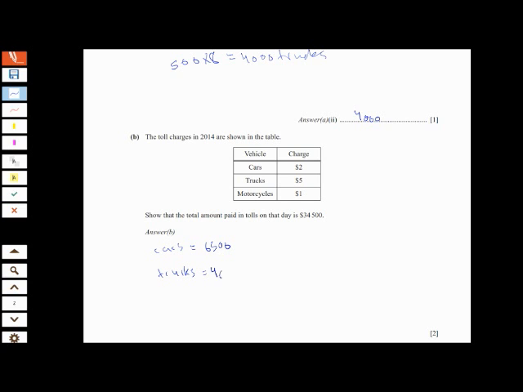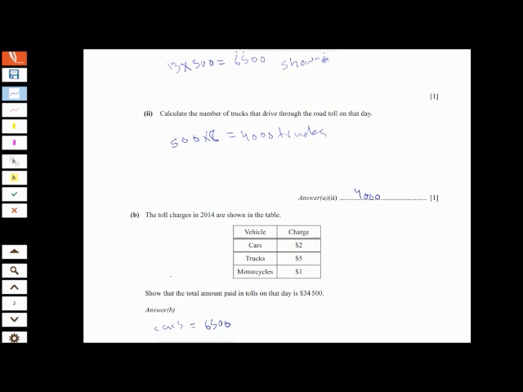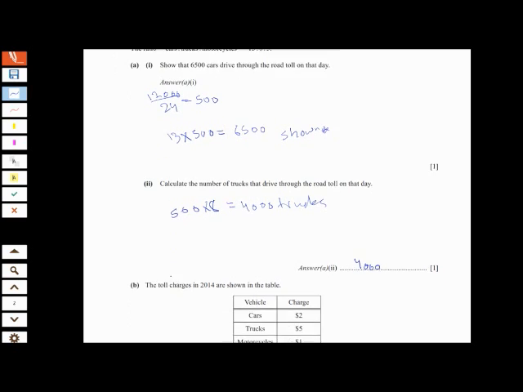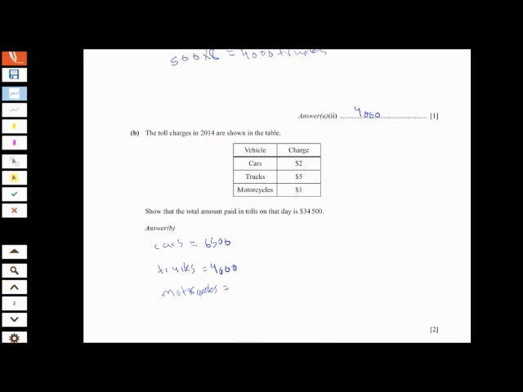And then motorcycles, we don't know motorcycles yet, so let's find that quick. Motorcycles are 500 times 3, which is 1,500. So now we know the numbers of each category.